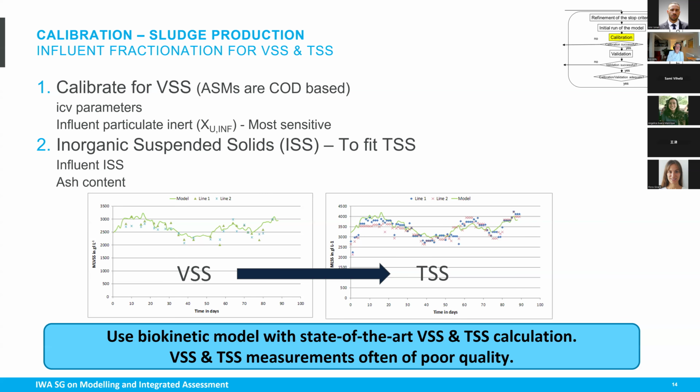Okay, so a little bit more here. If you use, let's say ASM 1, 2, 3, there is a very rough TSS model in there. So the original implementation or the publication for ASM1 had nothing in there. So the models are COD based.